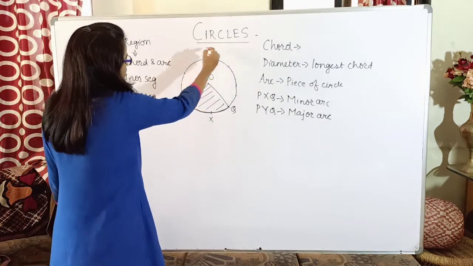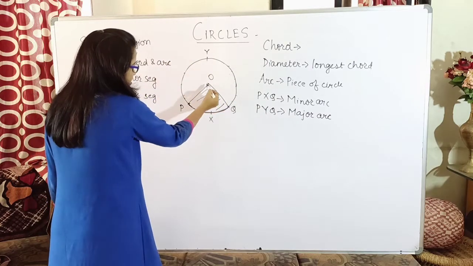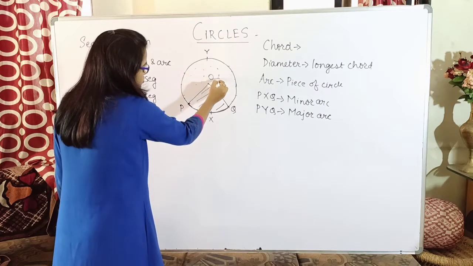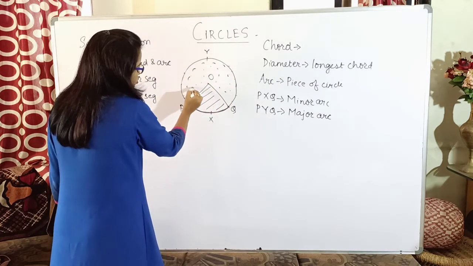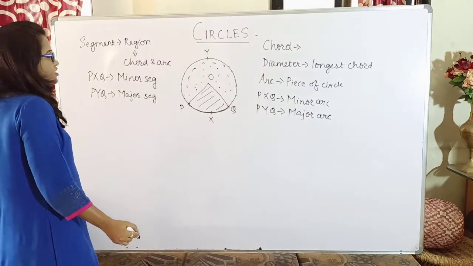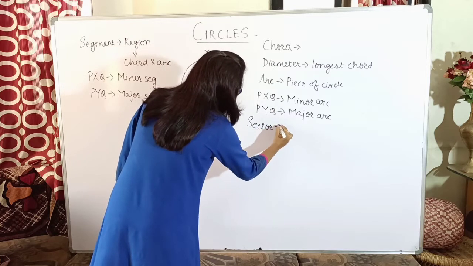Now similarly on the upper side also you can see, again this is an arc and these are two radii. So the region covered between these two, again this is also called as a sector. Similarly, as arc and segment, there are also two sectors, major and minor sector. So sector is what?